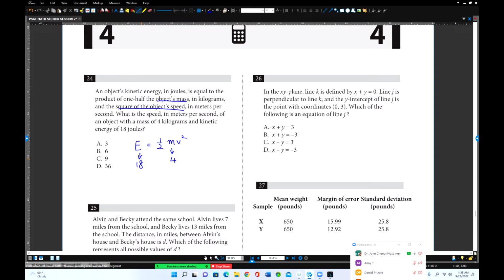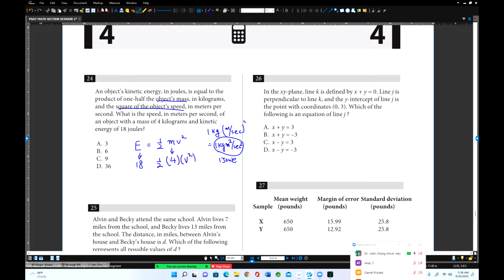One kilogram times speed in meters per second squared is 1 kilogram meter squared per second squared, which we call 1 joule. By the way, it doesn't matter, that is 1 joule already, 18 joules. So 1/2 times m, which is 4, times v squared equals 18.